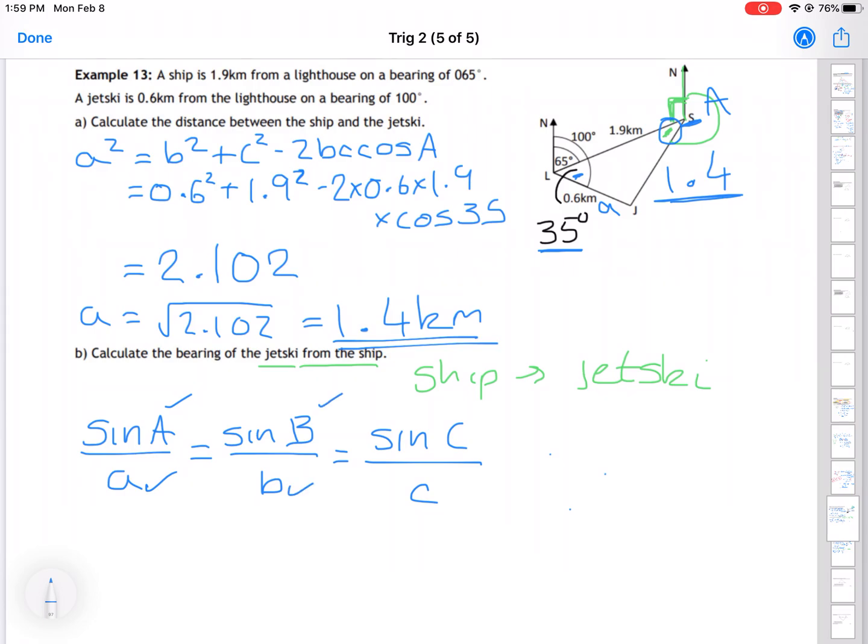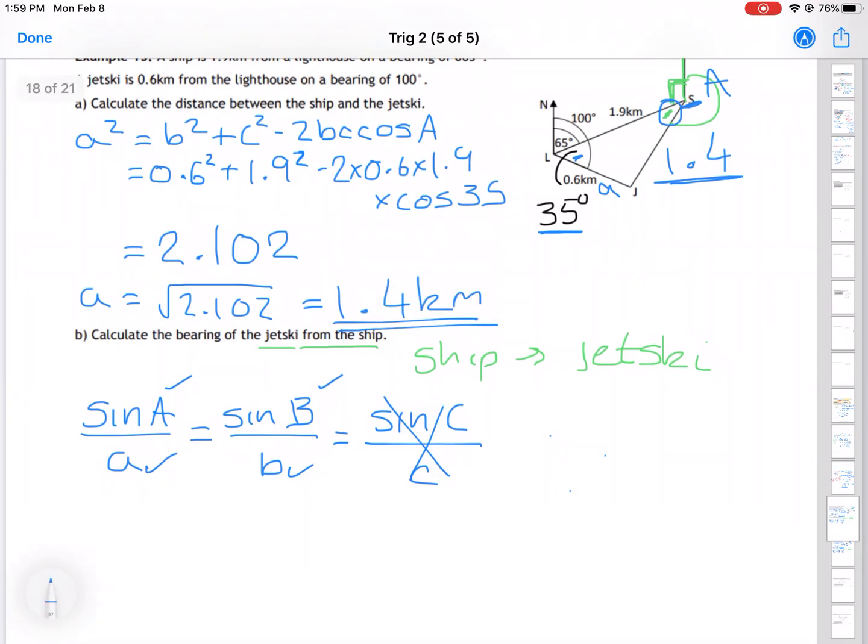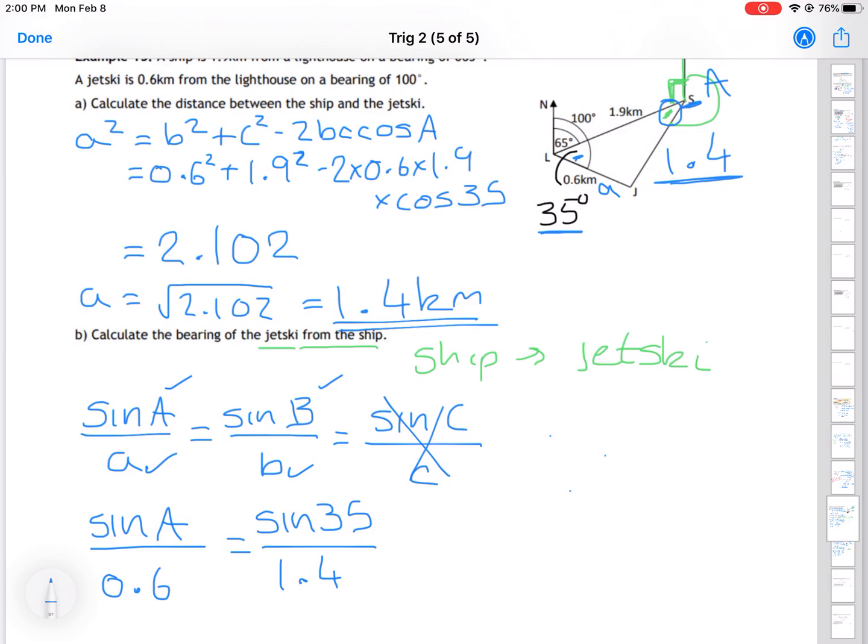We'll call those B's, and I can substitute them in for those numbers. So substituting everything in, I've got sine A, which I don't know what that is yet, over the side, which is 0.6. The other angle that I've got is 35, so sine 35, all over the side, which is 1.4 that I've calculated for that.